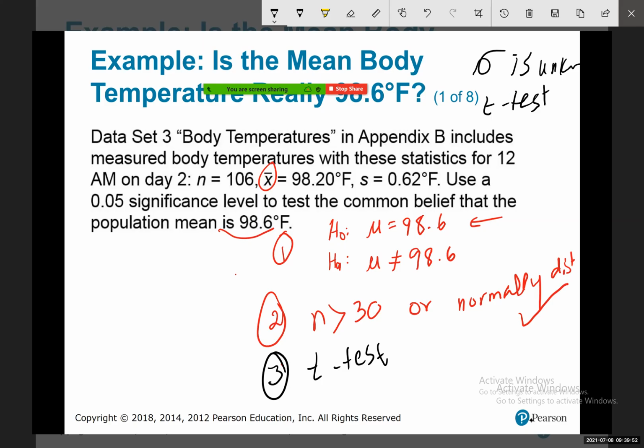Okay, so use the t-test. Tell me what the p-value is. Put this data in your calculator and tell me what you get.